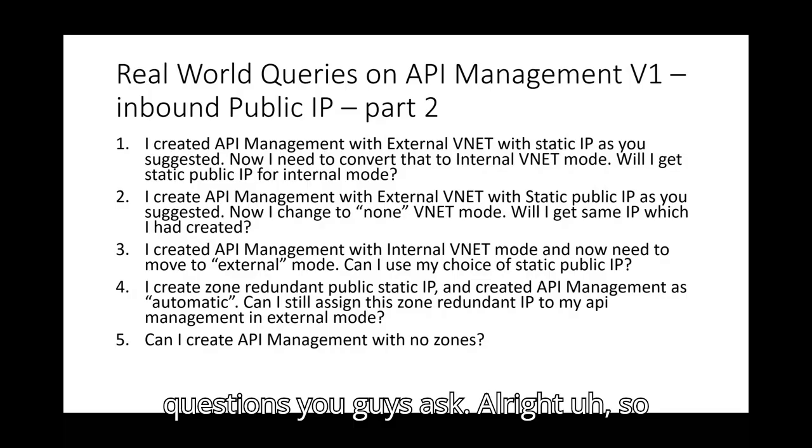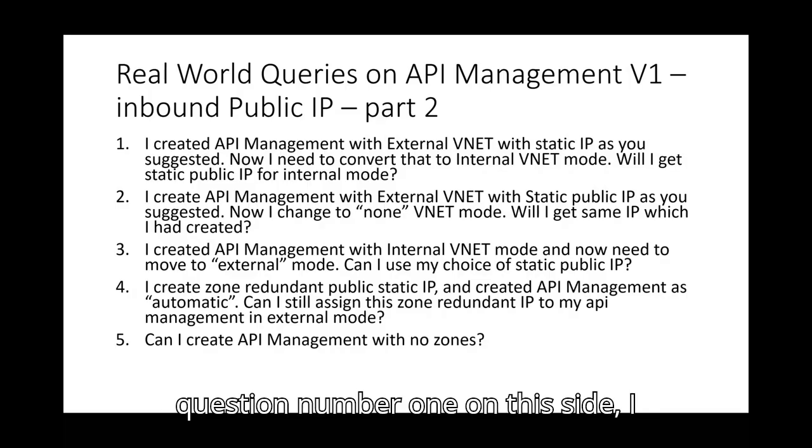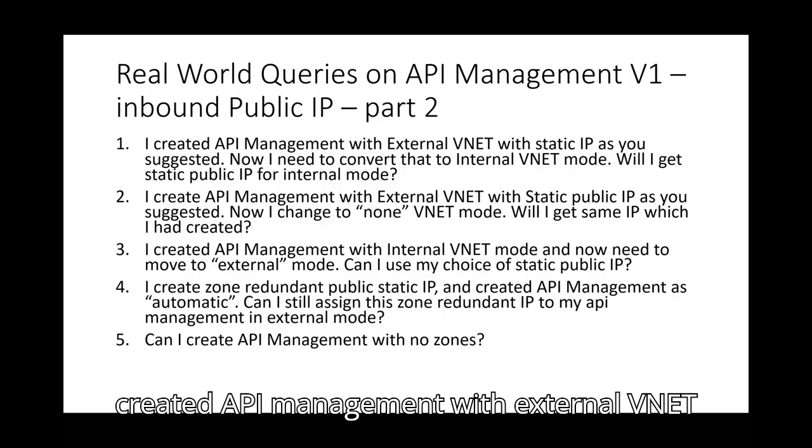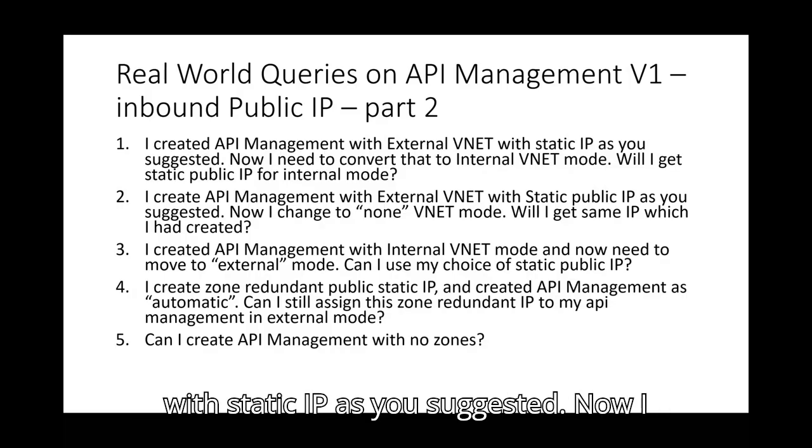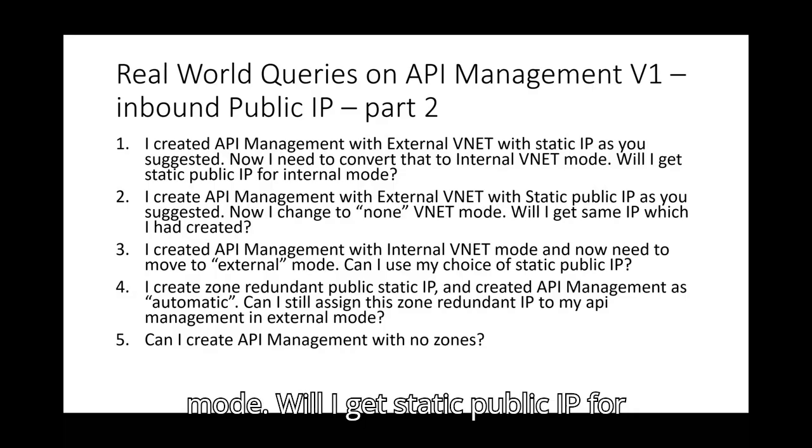All right. So question number 1 on this slide. I created API management with external VNet with static IP as you suggested. Now I need to convert that to internal VNet mode. Will I get static public IP for internal mode? Yes, you can. In internal mode, inbound traffic will not come on public IP of API management.